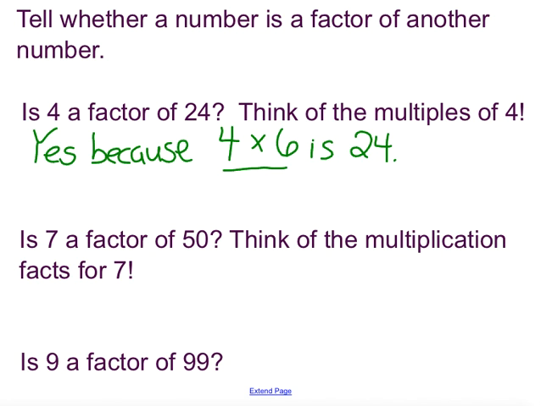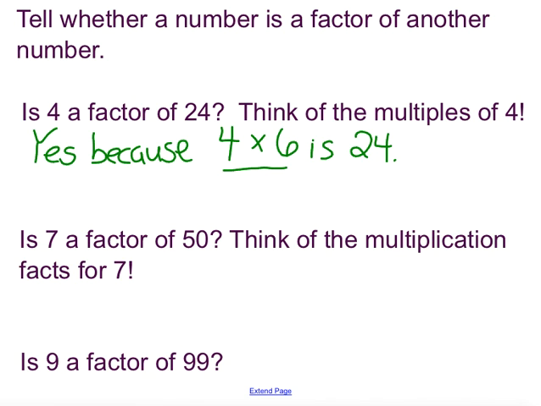All right, so next question up. Is 7 a factor of 50? So I'm going to think of the multiplication facts for 7, right? Because factors are two numbers that when we multiply, they give us a product. So is there any number that I can multiply by 7 and it's going to give me 50?